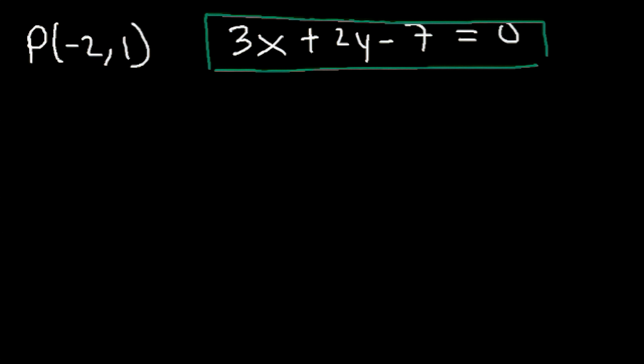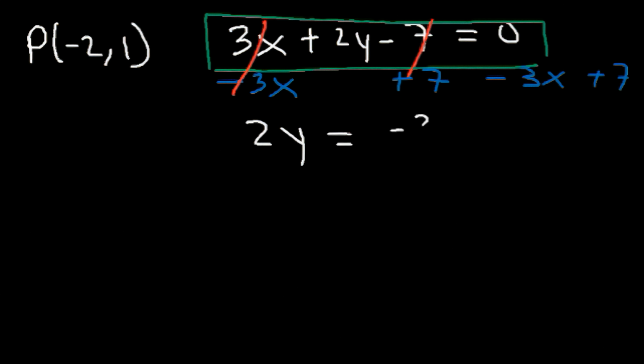So let's move the 3x and the 7 to the other side. Let's subtract both sides by 3x, and let's add 7 to both sides. So 2y is equal to -3x plus 7. And now let's divide each number by 2.